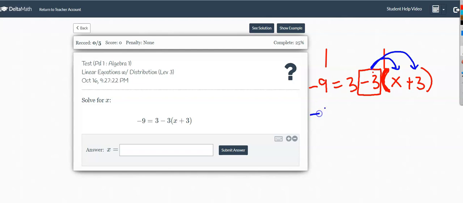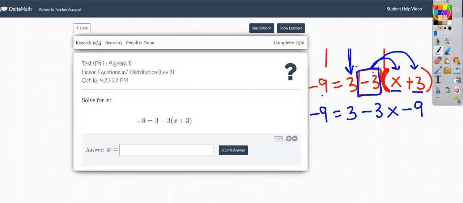So this negative 9 stays the same. The equal sign stays the same. The first 3 stays the same. But this minus 3 is going to get multiplied by every item inside the group. So that's minus 3x and minus 9. Now this side of my equation has 2 constants, so I'm going to combine them together.